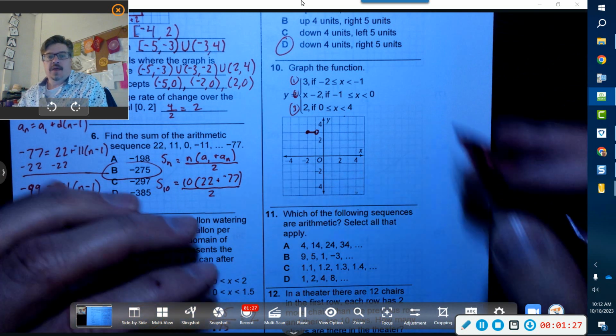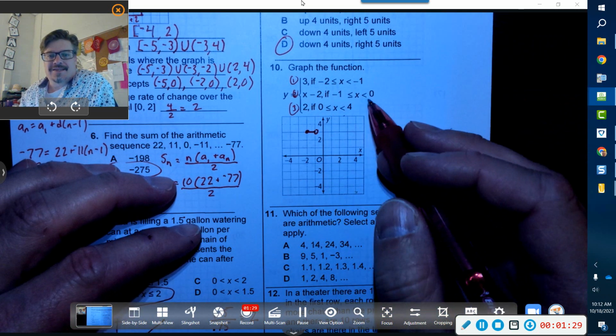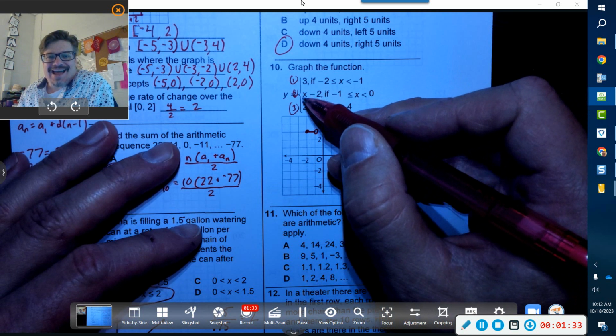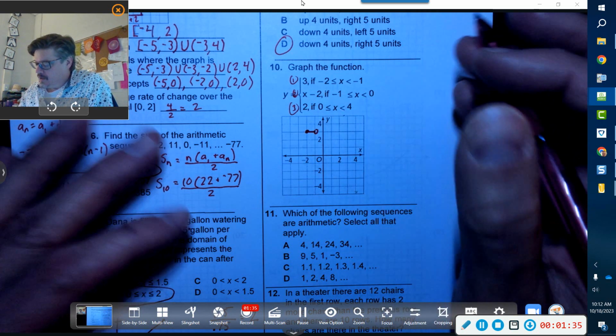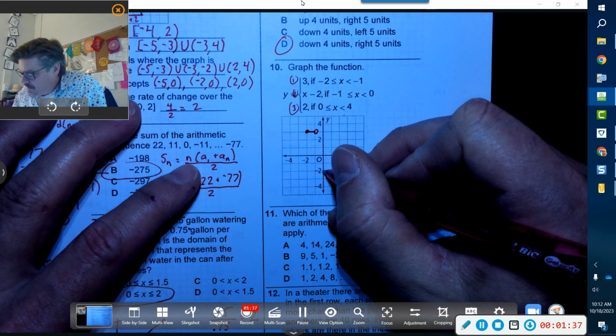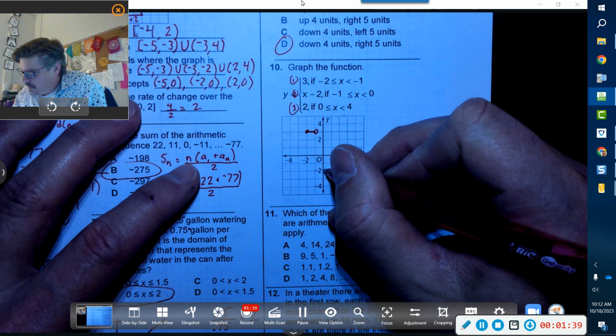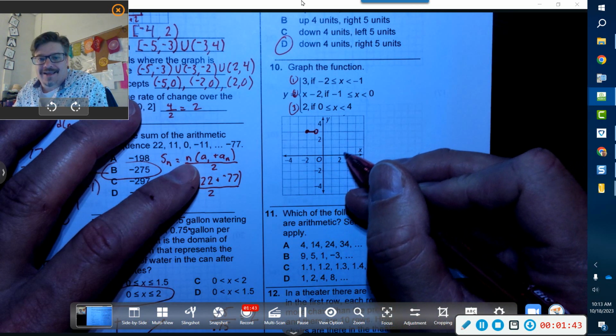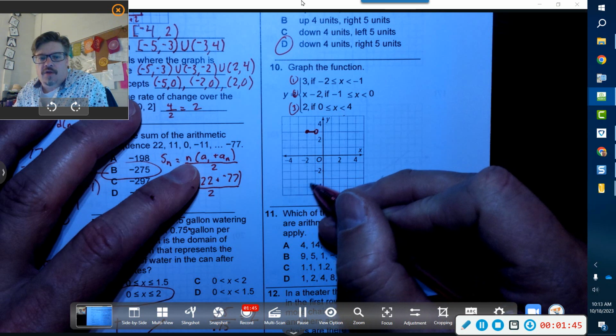Okay. Now from -1 to 0, this little piece right here, I have x minus 2. So what I'm going to do with a pencil is go to -2, and then I'm going to go up 1 over 1, and it would look like this if I drew it all the way through.